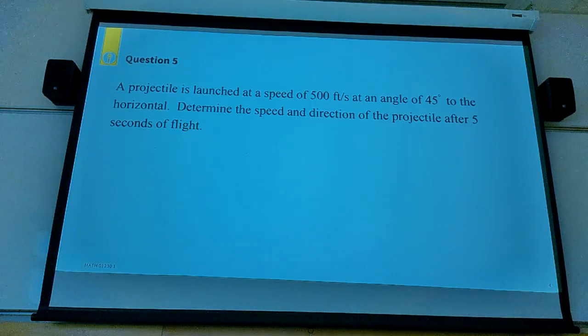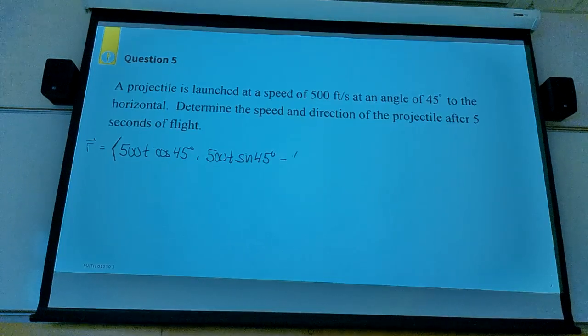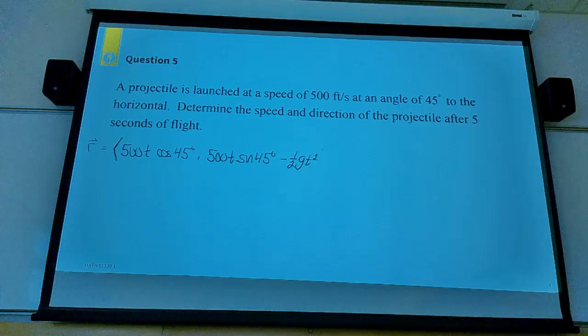A projectile is launched at a speed of 500 feet per second at an angle of 45 degrees to the horizontal. Determine speed and direction after 5 seconds of flight. Position would be given by this.